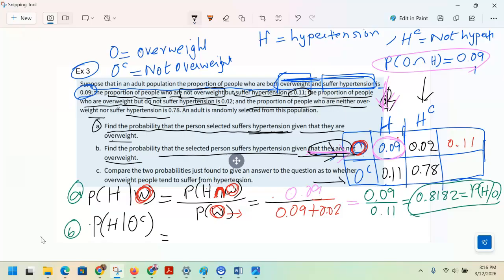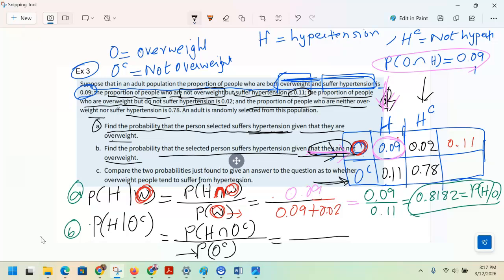In this case, the formula goes the same. The denominator is the probability of not overweight, and the numerator is hypertension together with not overweight. This is how the conditional formula helps. Now for the denominator, we look in the table: how many are not overweight?